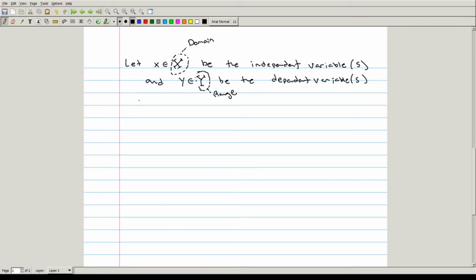And we'll introduce explicitly some function, or sometimes called a functional relationship, between y and x. Now remember, it's important to remember that x here is the independent variable.